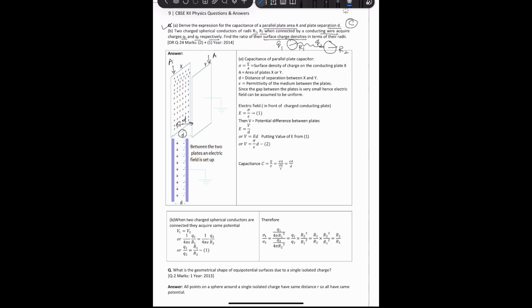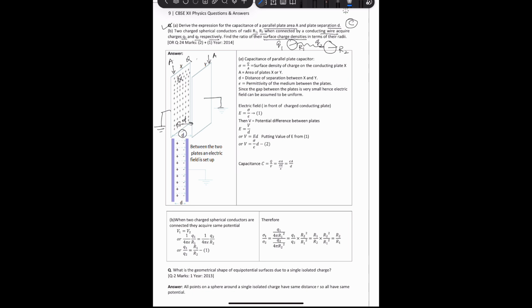So first, capacitance of a parallel plate capacitor. Suppose Q is the charge on this plate A. So you know that in a parallel plate capacitor, one of the plates is connected with the positive terminal of the battery and the other is earthed. Okay. So suppose Q is the charge over the entire plate.